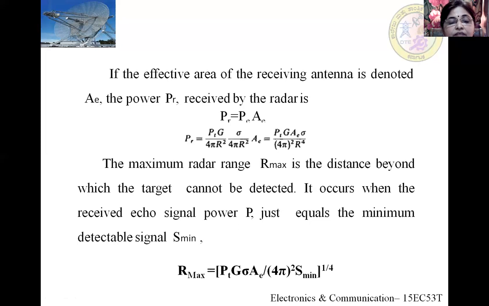So R max is equal to the fourth root of Pt G sigma AE divided by 4 pi the whole square into S minimum. So all of you understood?